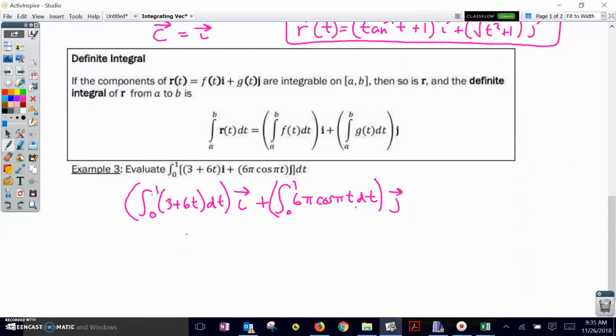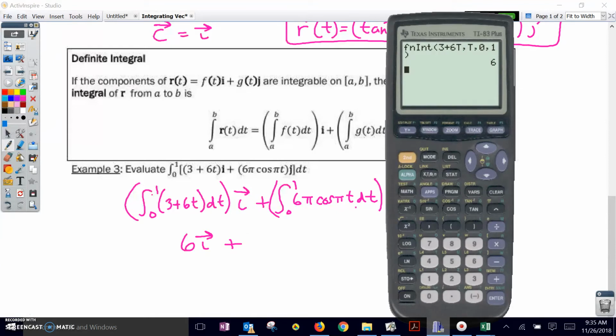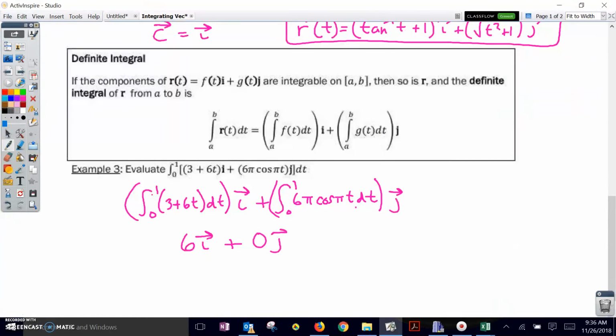We get 6i plus 0j. So we just end up with 6i.